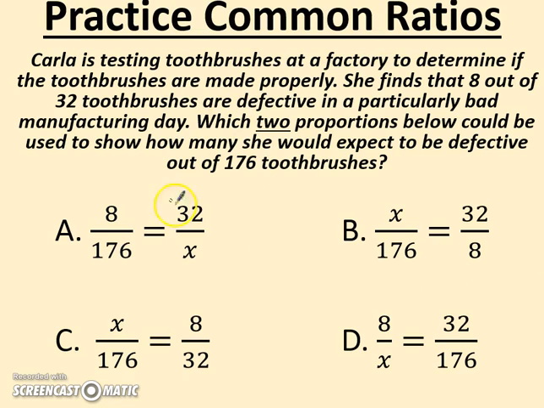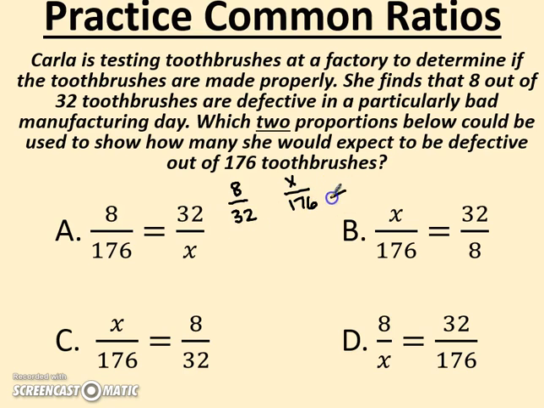Now, my best strategy is not to look down here, but to try to write my own. So it says she finds 8 bad out of 32. So that's 8 out of 32. And we want to know how many would be defective. So we don't know how many are defective out of 176.